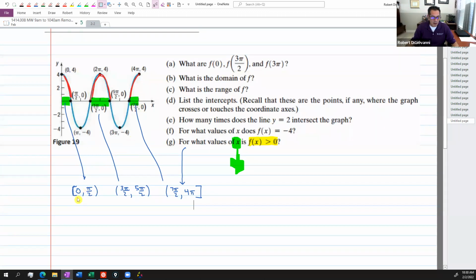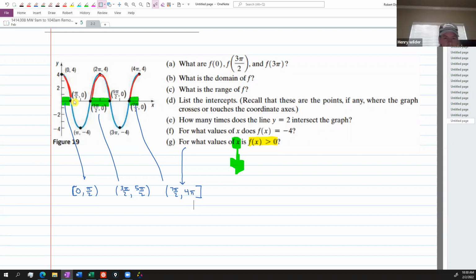Can somebody tell me why I put a bracket on 0, but a parenthesis on pi over 2? Is it because the circle is closed? Okay, so at 0, if I plug in 0, I get 4. So that's a positive number, so I'm above the x-axis. What about at pi over 2, though? At pi over 2, what's the value of the function?